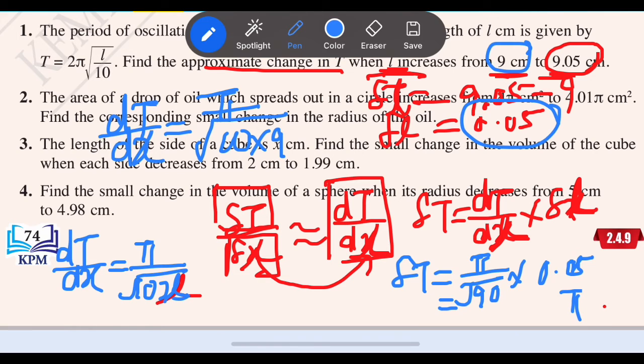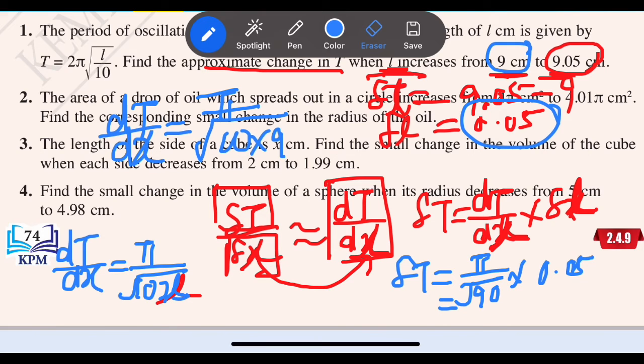It depends on the instruction of the question. Now I am going to use a calculator to solve 0.05 over 90. You will get the answer in decimal. So let's work out the answer by using the calculator.